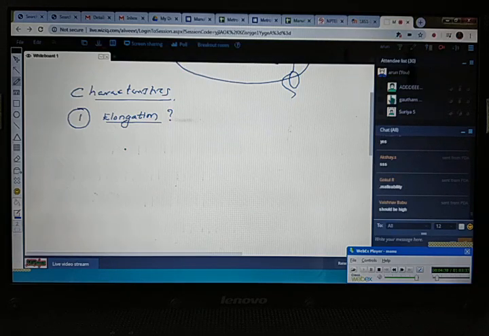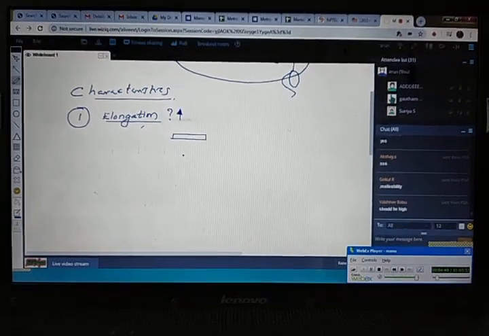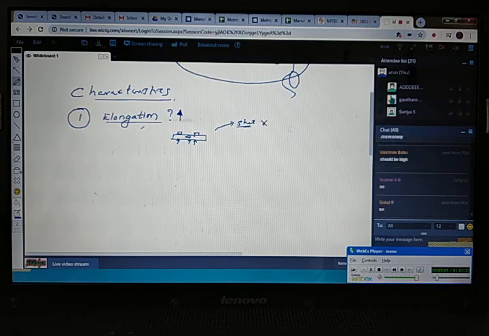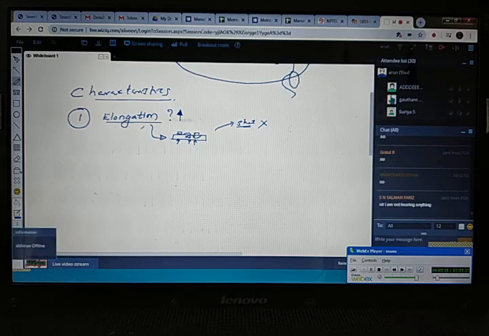Look, in a material having a certain length, if one portion is elongated more and another portion is elongated less, is it good? No, it is not fair. So elongation must be uniform throughout the material. That is one important characteristic of a sheet metal.